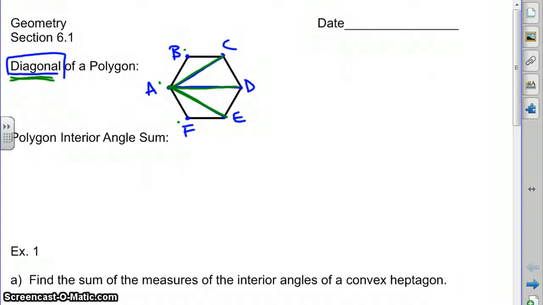Notice that it breaks it up into 1, 2, 3, 4 triangles. So when I draw diagonals from a vertex, if I have the number of sides 6, my number of triangles created by my diagonals is n minus 2, or in this case, 4.